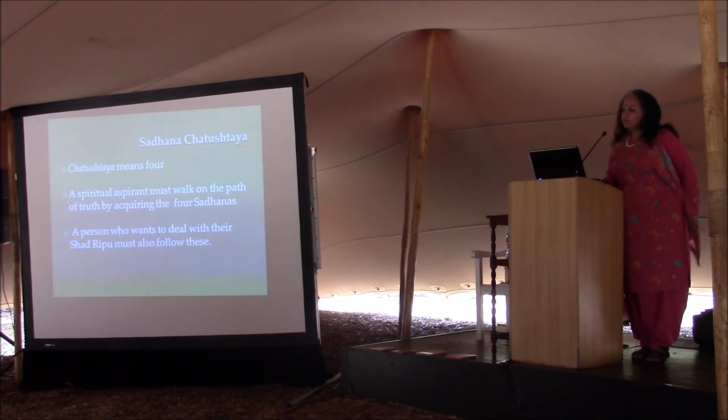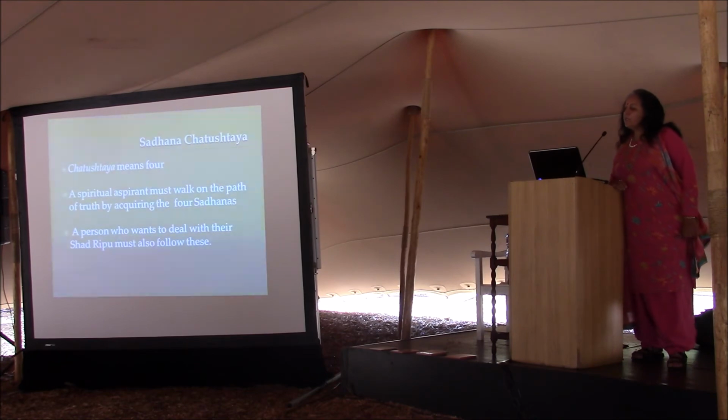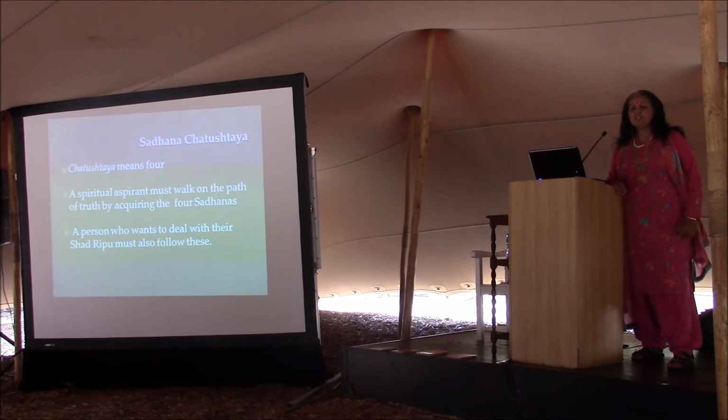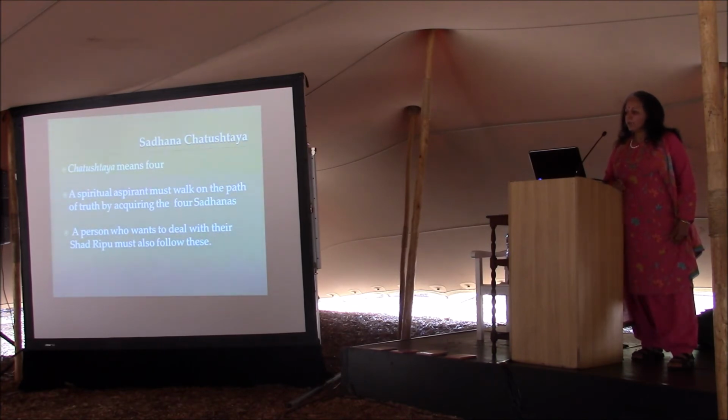So the whole information about the six wealths comes from this practice called Sadhana Chatushtaya. And sadhana means, as I said, a spiritual practice. Chatushtaya means four. So a spiritual aspirant must walk on the path of truth by acquiring the four sadhanas.